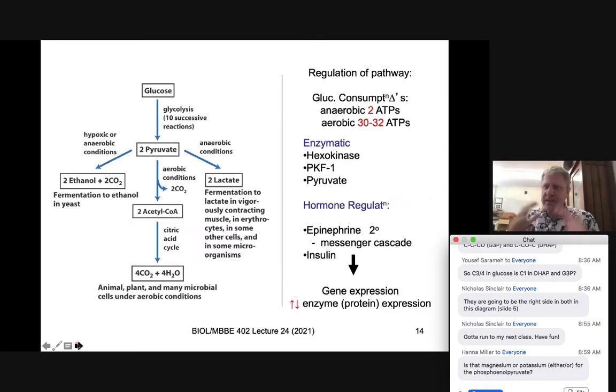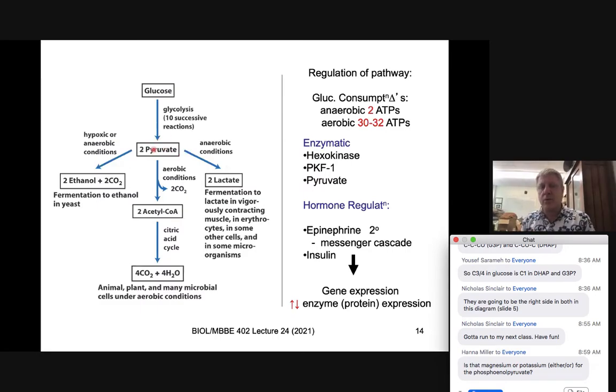So let's think about glucose itself. We have glucose, with 10 consecutive steps in the overall process to produce pyruvate. With pyruvate, if we go through anaerobic conditions, with no oxygen present, we're going to produce lactic acid, and that's going to stay there until we can replenish the system with oxygen and allow it to become pyruvate again.